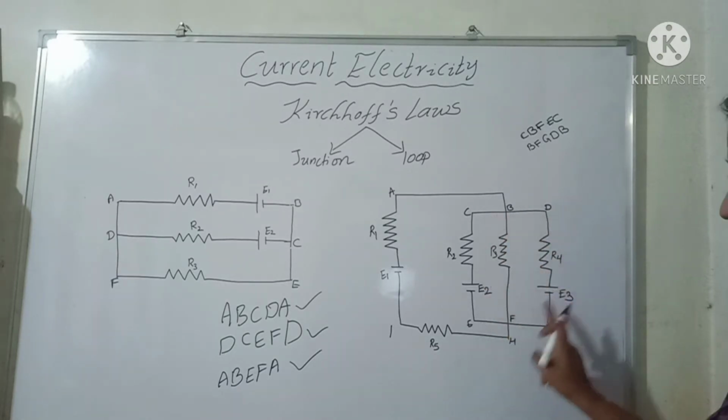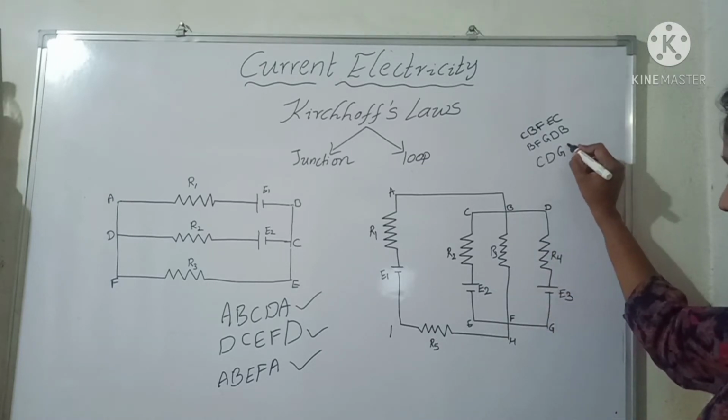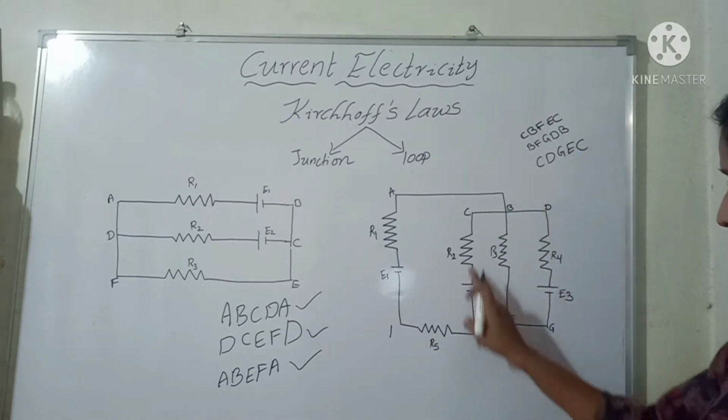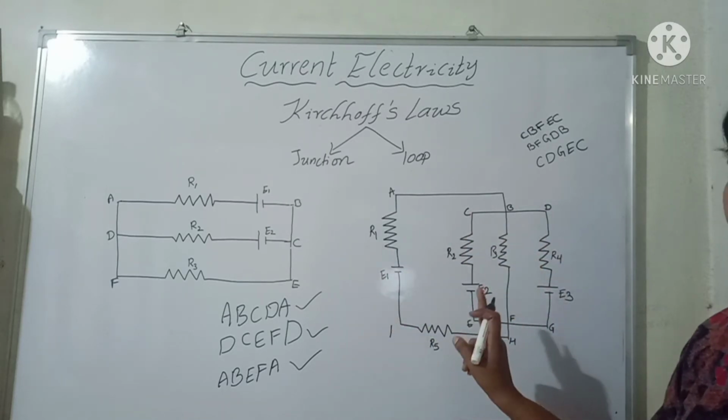Like here, a third loop we can also consider, that is C, D, G, E and C. So these are the loops in these two circuit diagrams.